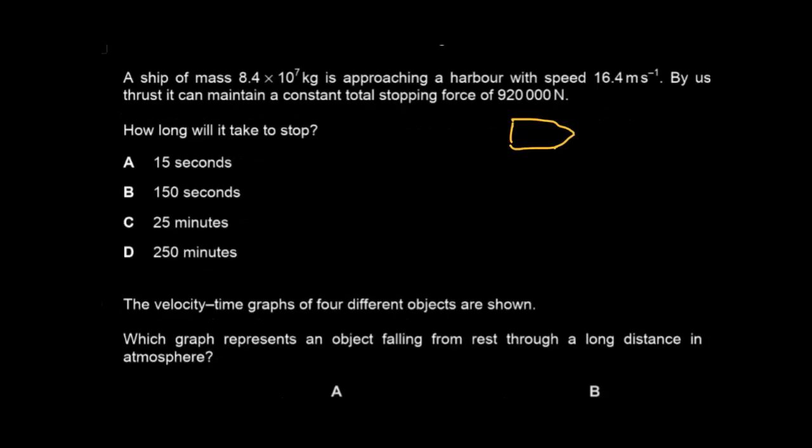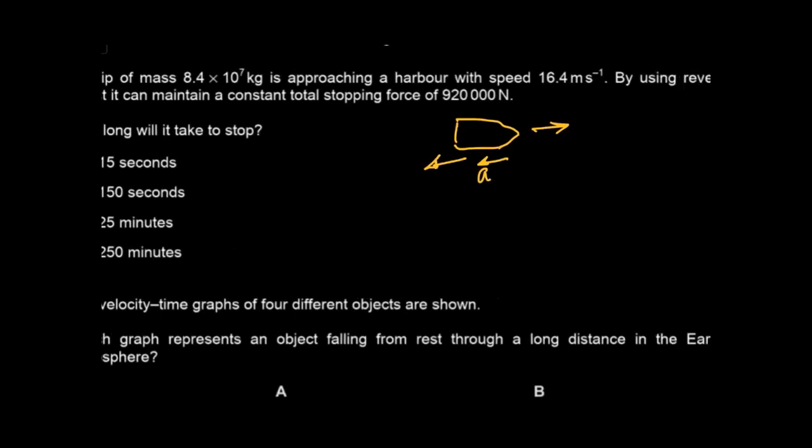So let's say this is the ship which is moving in this direction. When it applies the anti-thrust, it will apply a force in this direction. So when the force is in the opposite direction of the speed, there is an acceleration in this direction. So here the final velocity is 0. By the momentum equation we can write: net force on the ship is equal to change in momentum with respect to time.